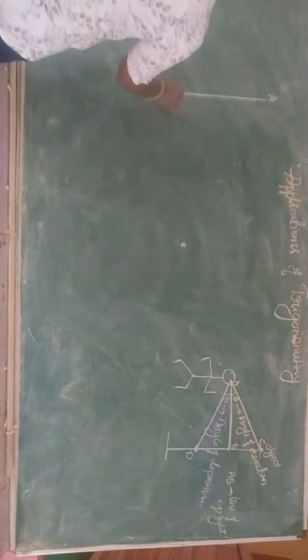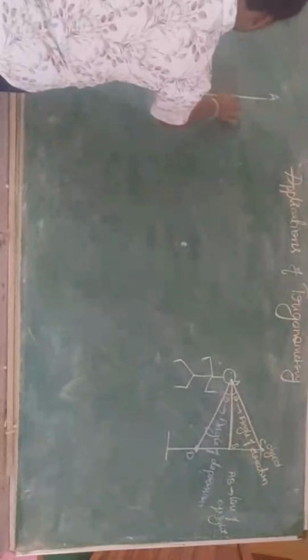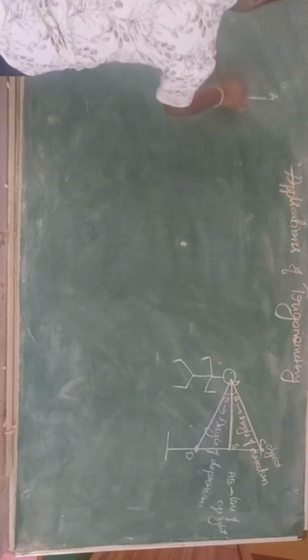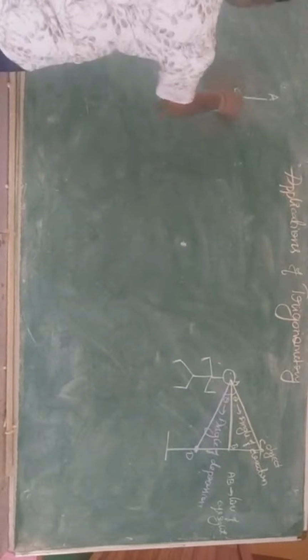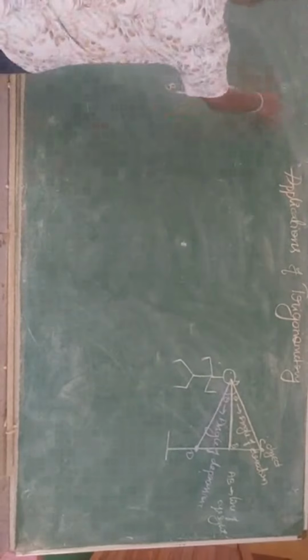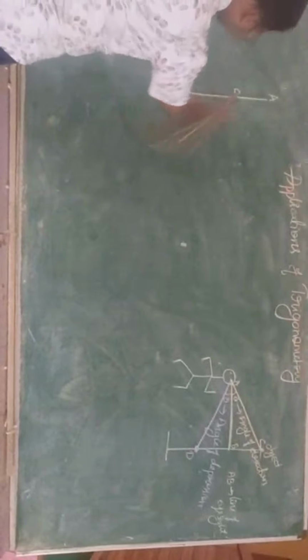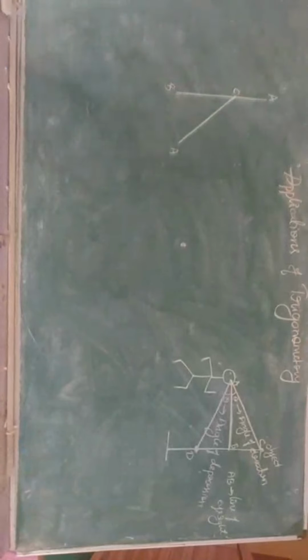Imagine there is one tree AB, and it breaks due to a storm at point C. The top of the tree touches the ground. This part is broken, and the broken part touches the ground, meaning point A touches the ground.